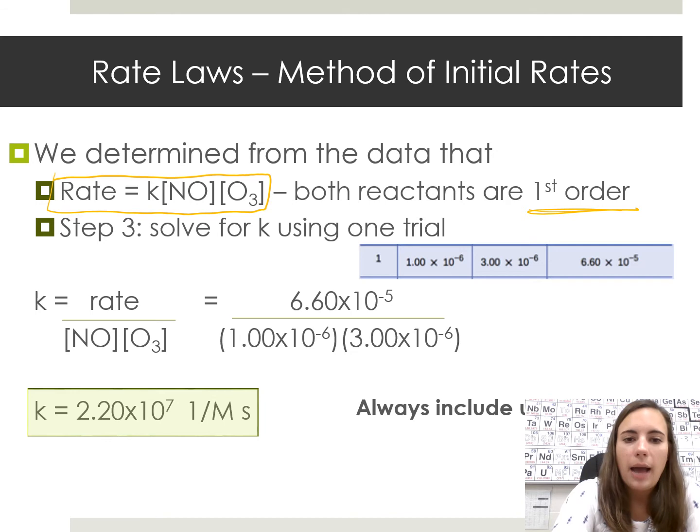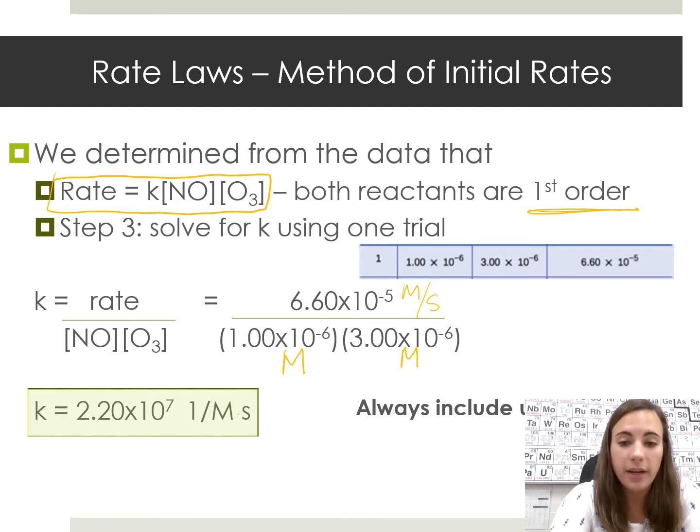So I plugged in 6.6 times 10 to the negative 5 molarity per second for my rate. Then I plugged in my 2 concentrations, and I'm going to solve for K. I get 2.2 times 10 to the 7th, 1 over molarity seconds.